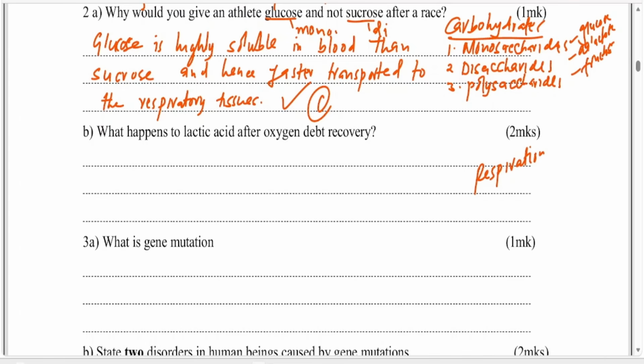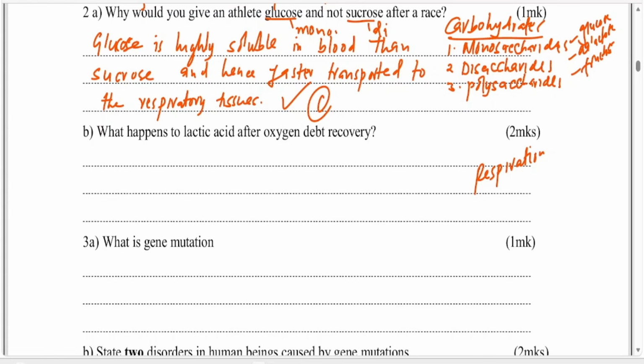We have the glycolysis and we have the Krebs cycle. During glycolysis, glucose molecule is broken down to pyruvic acid, and in cases of less supply of oxygen, pyruvic acid in animals is broken down to lactic acid.